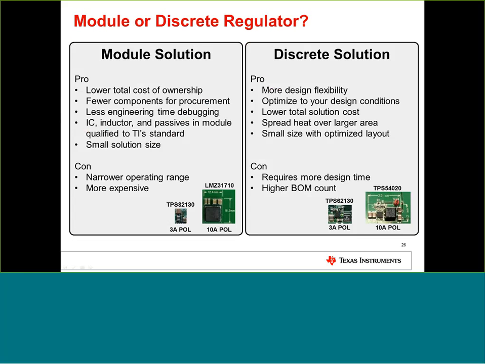The total cost will be a little lower. Also, the thermal performance will be better because we can spread the heat better on the PCB, and we can still achieve a small size, as I showed before. The cons are that in some cases it requires more design time, and the bill of material count is higher.